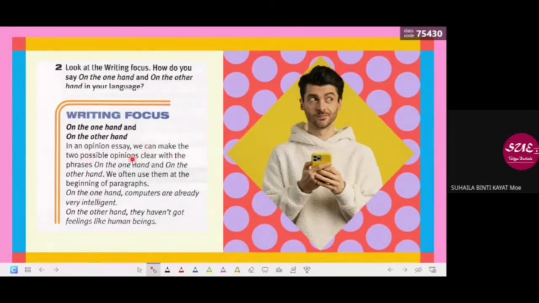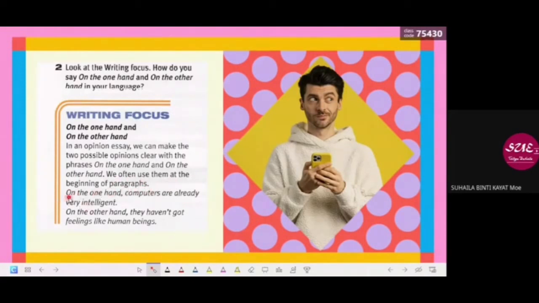Two possible opinions maksudnya dua pandangan yang logik lah. Clear with the phrases on the one hand and on the other hand. We often use them at the beginning of paragraphs.